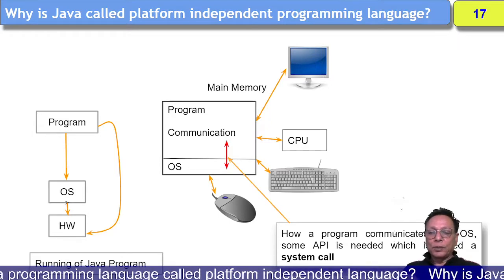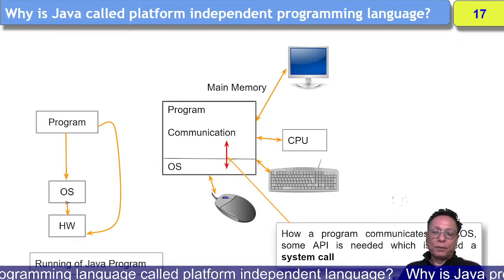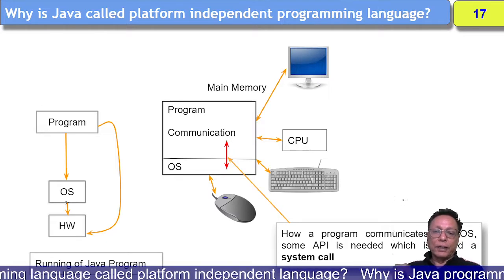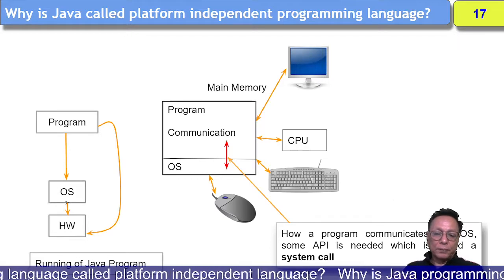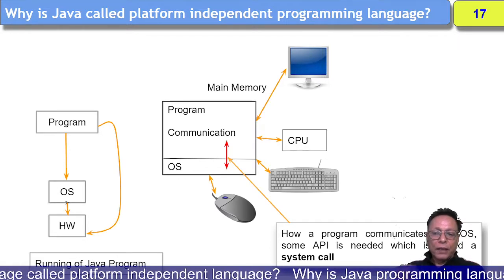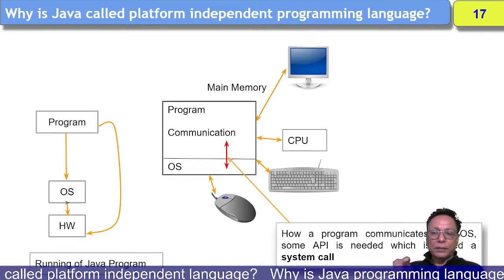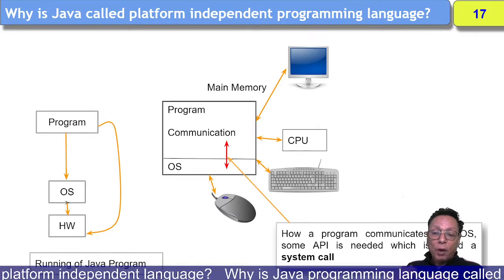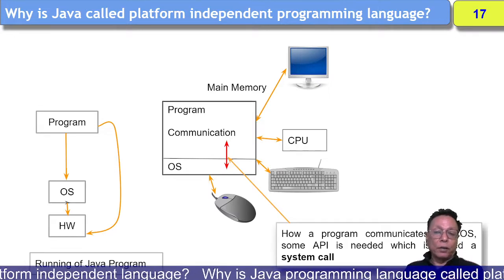If the program wants some input from the keyboard, the API works to make the link between the program and the operating system. If the program wants to print on the screen, the API works between the program and the operating system, because the operating system is all in all.